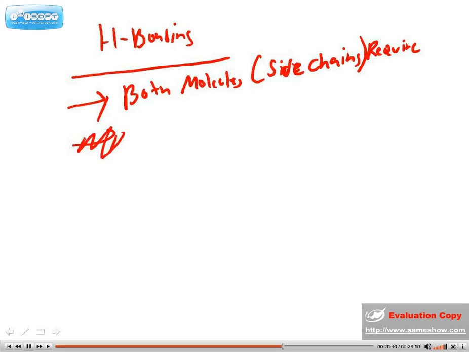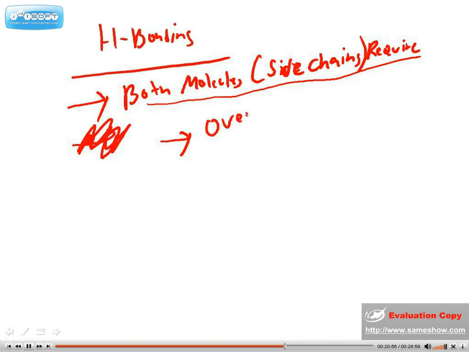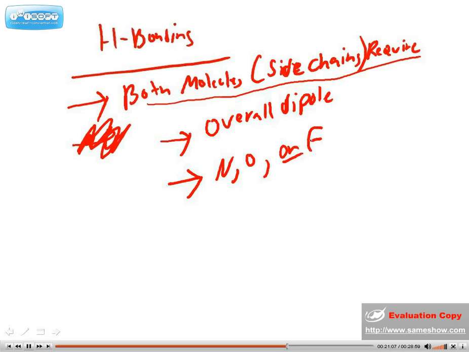I know it's getting really messy. Both molecules or side chains, if you apply it to polypeptides, require an overall dipole. They require a nitrogen, oxygen, or fluorine.